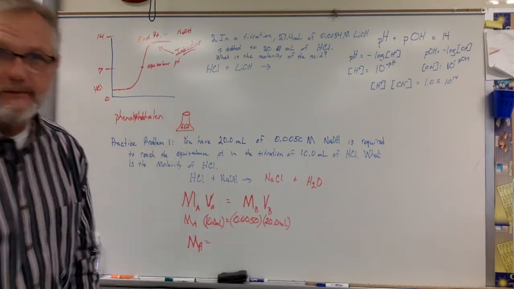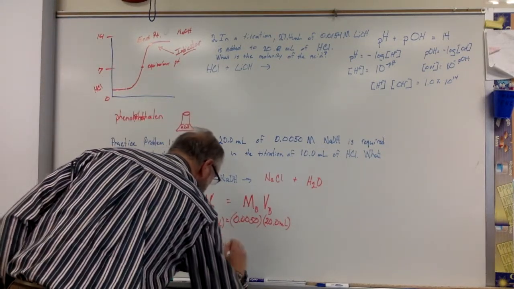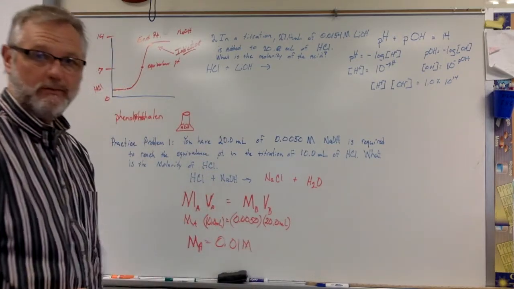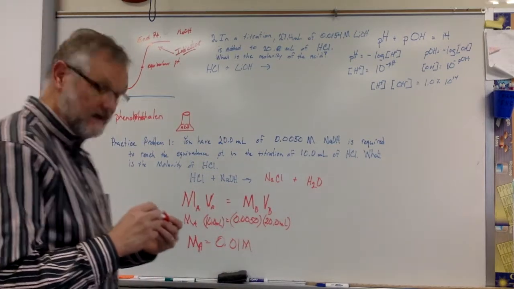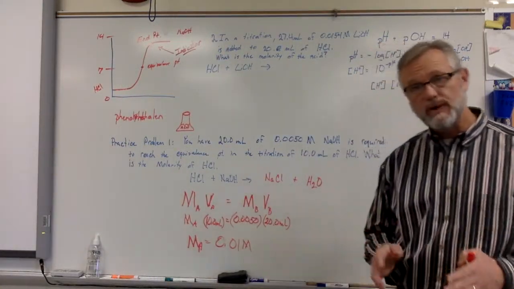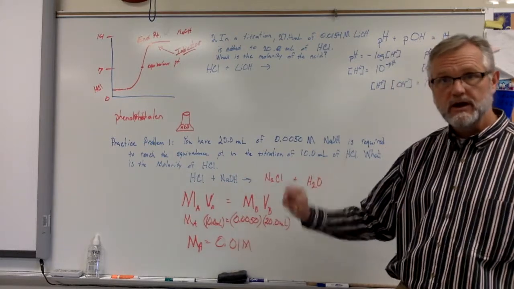And I'm going to get 0.01. 0.01 molar, and that would be my answer. So guys, it's literally that easy. These problems, once you recognize titration problems at a 1-to-1 to 1-to-1, no problem.